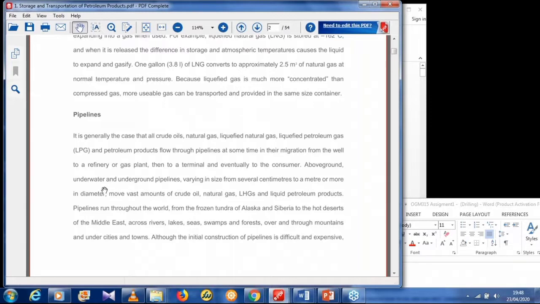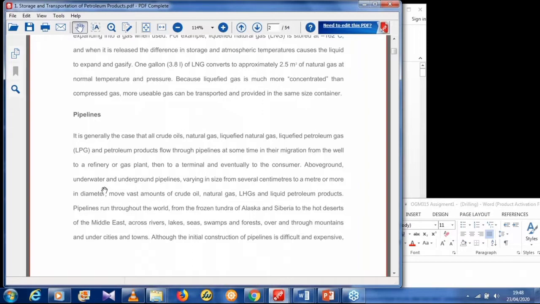Then we have the underground installation. Those are the ones that are usually buried, for instance, the pipes that transmit from the shores to the processing terminal, where we have the processing station or refinery and the rest of it. That kind of pipe is usually underground.